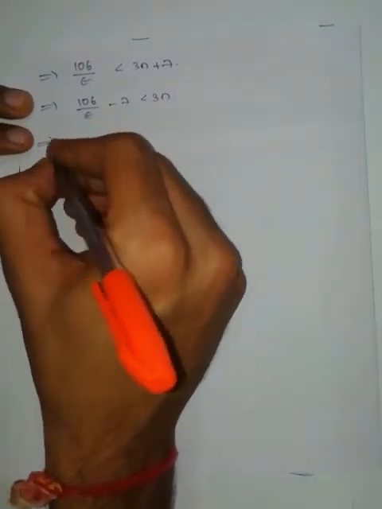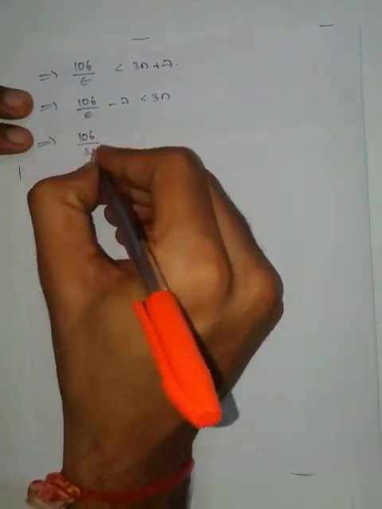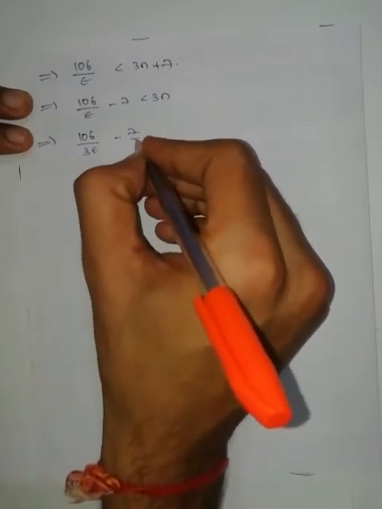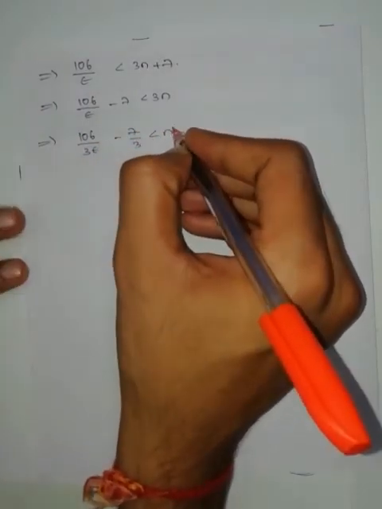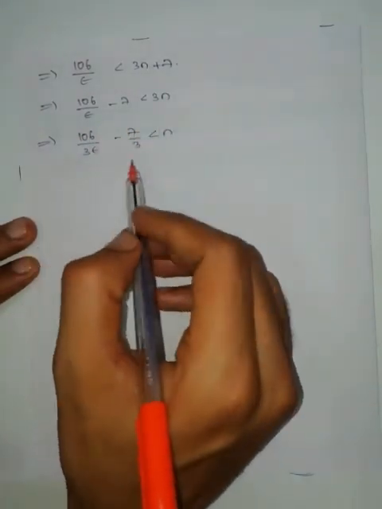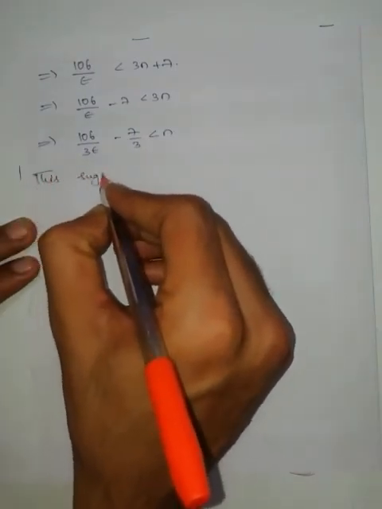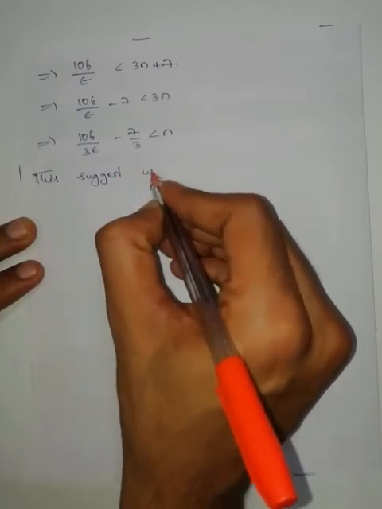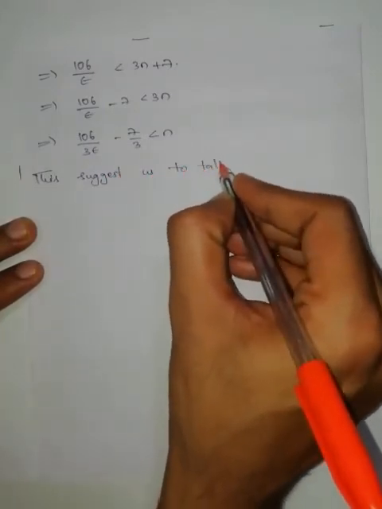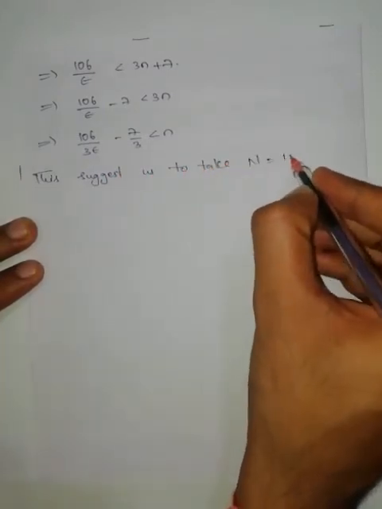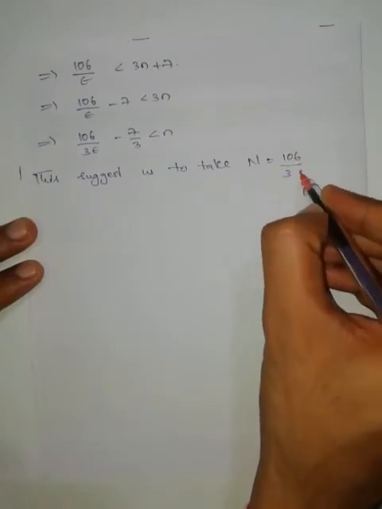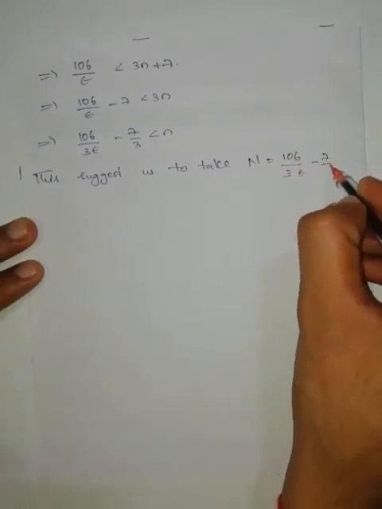Now divide with 3: 106 by 3 epsilon minus 7 by 3 is less than n. So this suggests us to take capital N is equal to 106 by 3 epsilon minus 7 by 3.